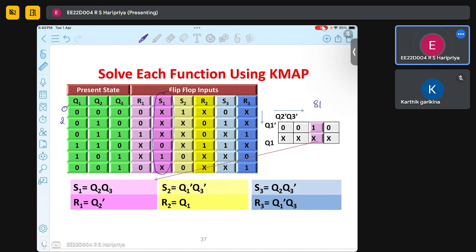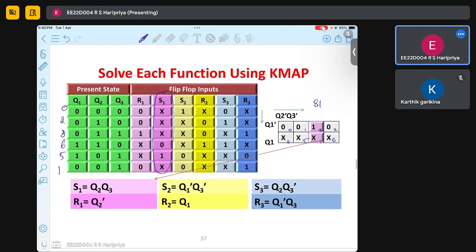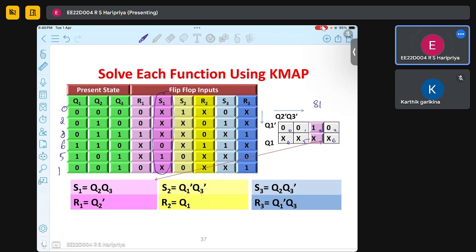So 0, 3, 6, 5, 1. It is 1 at 5. And 1 for 3. I think it is filled for R1.